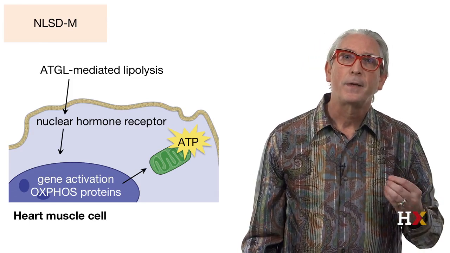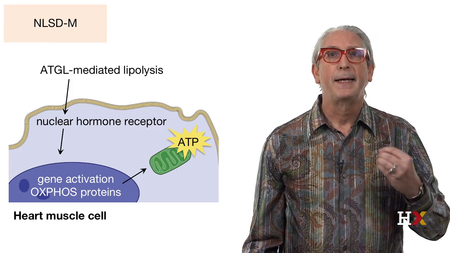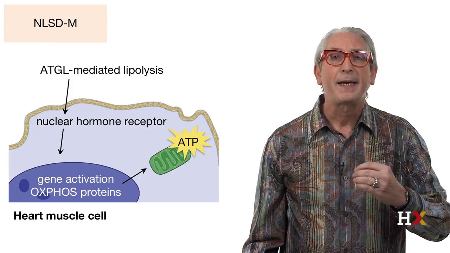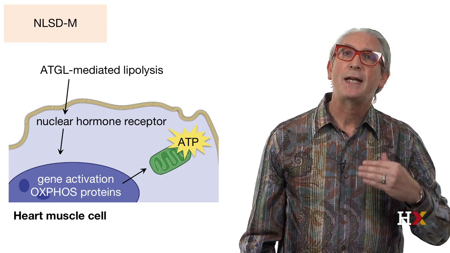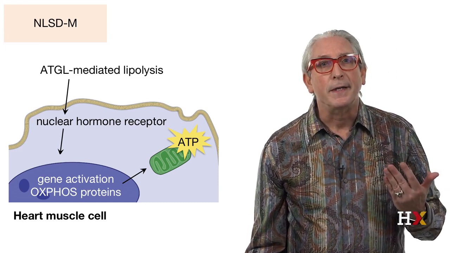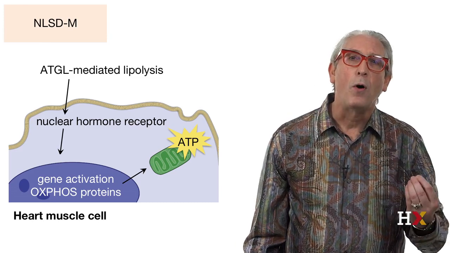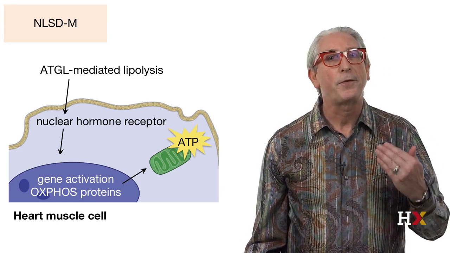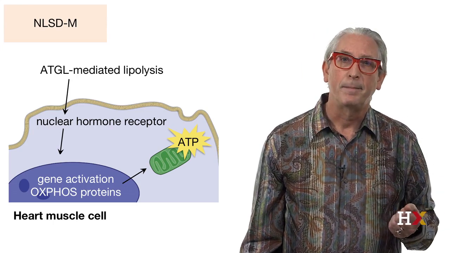In mice, studies have shown that agonists that restore the defective signaling pathway can reverse ATGL-dependent mitochondrial defects. These agonists serve as a starting point for the development of drug treatments in patients suffering from NLSDM.